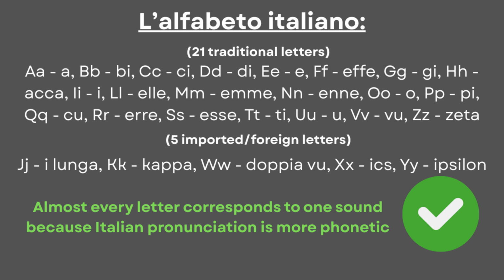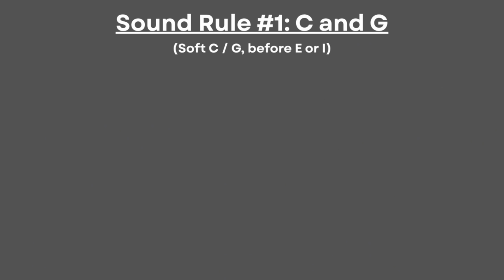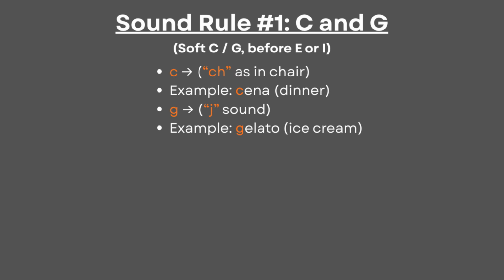The first rule to know is the soft c and g before e or i. When these consonants are placed before such vowels, they become soft, as in cena and gelato. The English equivalent is ch, as in chair, and the J sound.